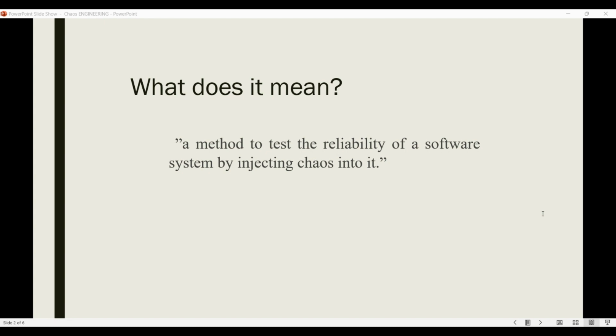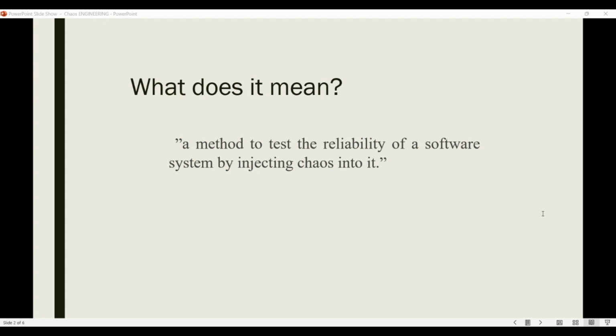This method experiments with the functionality and reliability of a system to test how a system would respond in the face of any unexpected disturbance or problem.